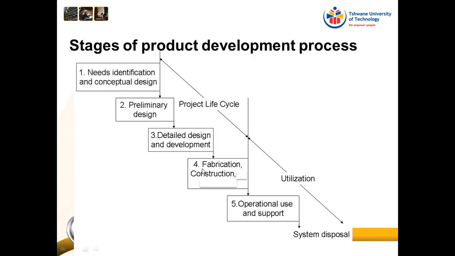When you are building a building, remember that construction is part of your project life cycle. Fabrication of your first pre-production item would be part of your project life cycle as well. And then you go over to production if the product is something like a laptop or a tablet, and then you have operational use and support, and then at the end you have system disposal.